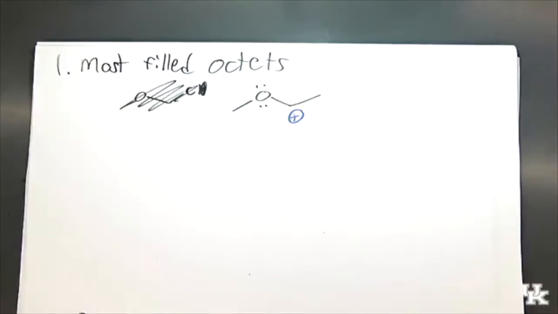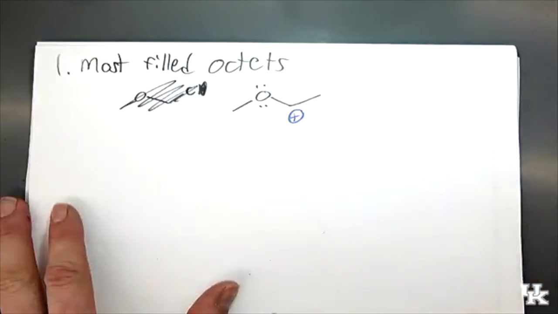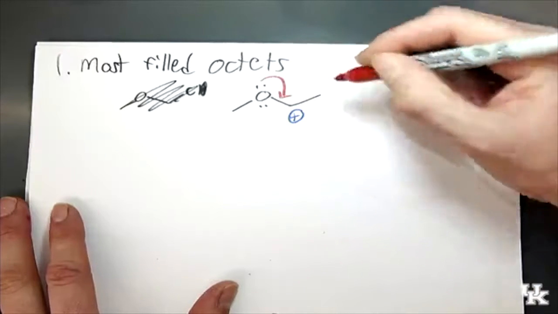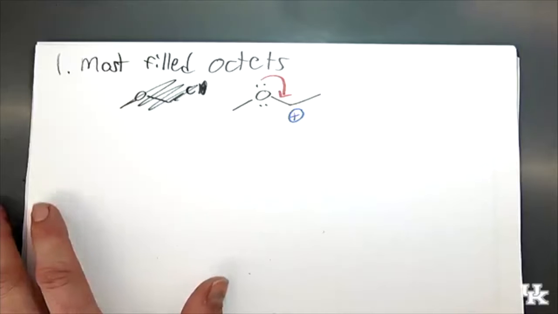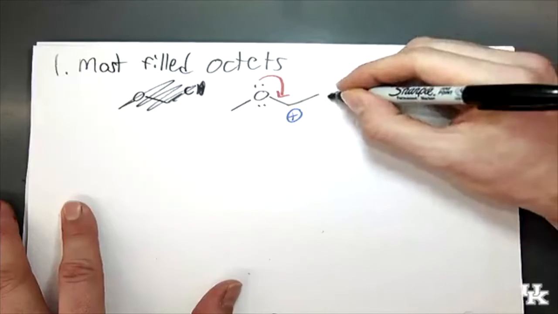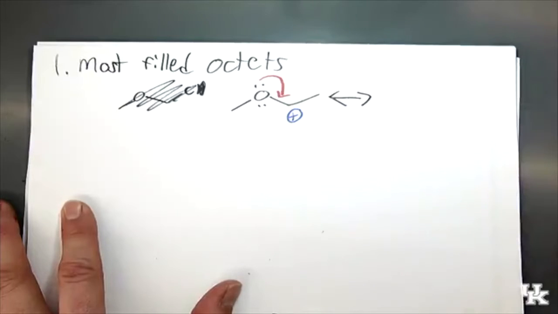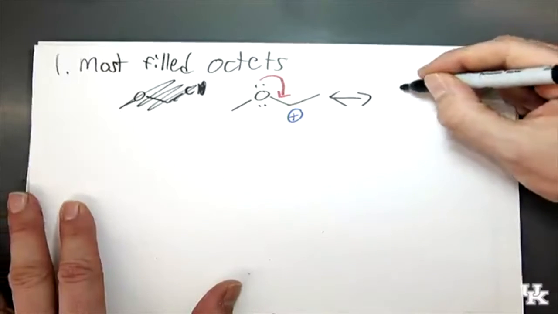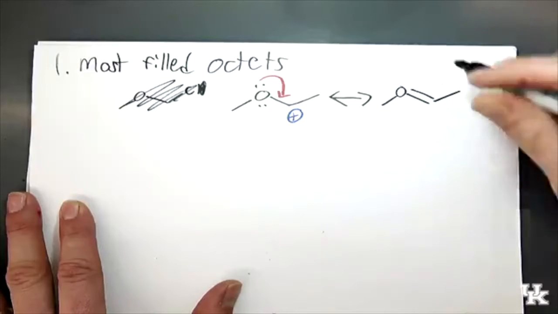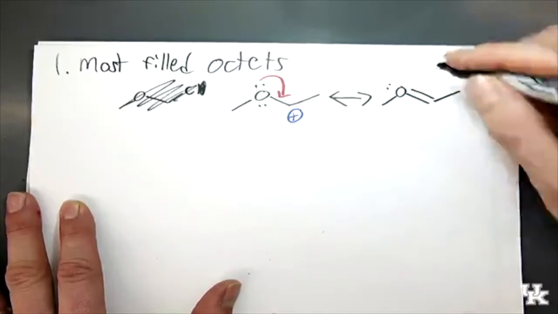All right, so let's start with that. We're going to do a lone pair next to a carbon cation, and that means just moving the lone pair down into the bond. So let's finish the resonance drawing here. And the oxygen still has a lone pair.